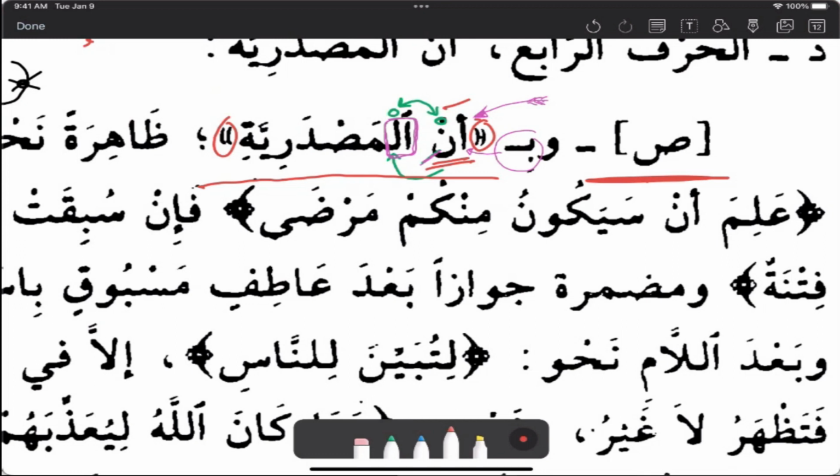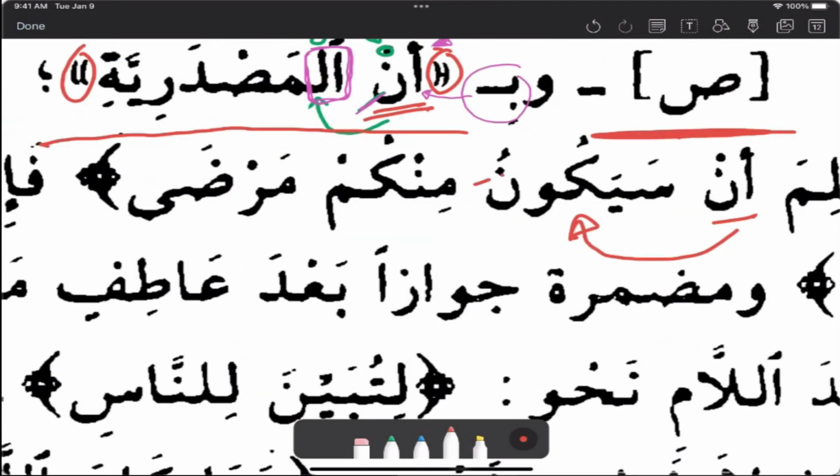Alima an sayakun. So when you're a beginner and you learn that an comes in front of the verb and makes the verb mansoob, and you don't know what we're talking about at this moment, you'd find this word an in front of this verb sayakun, and then you'd ask, why is there a dhamma here?